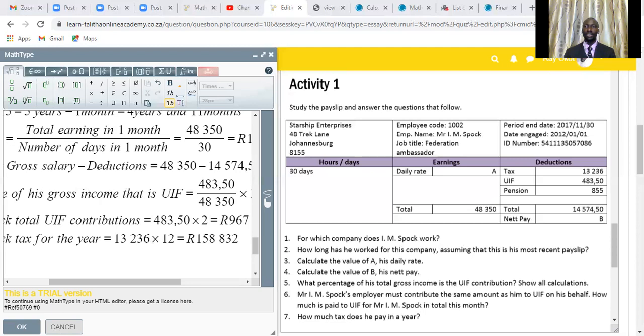Each will have its own activity. So it's going to be very important that we get this right. So make an effort to understand all this right away. And when you do that, you will be able to attempt any question which comes your way.